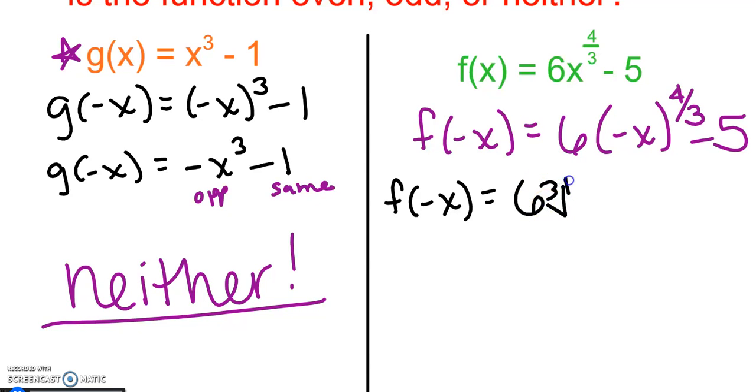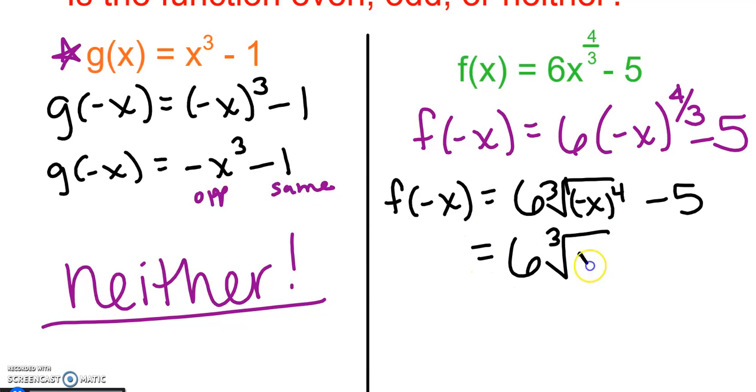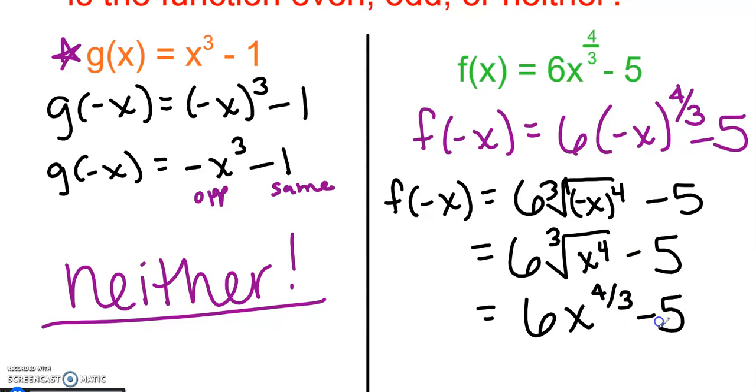So I'm taking the 3rd root of negative x to the 4th is what's happening there, which would be 6 times the cubed root of x to the 4th, which is really 6x to the 4/3 minus 5.